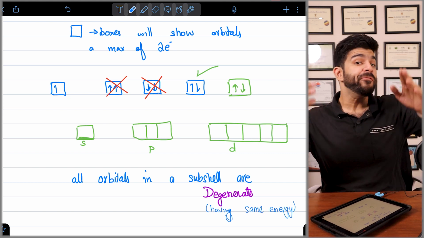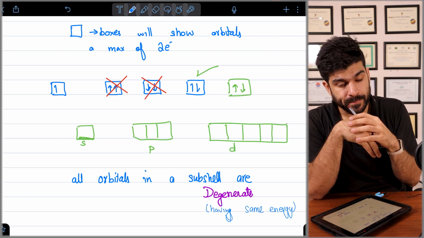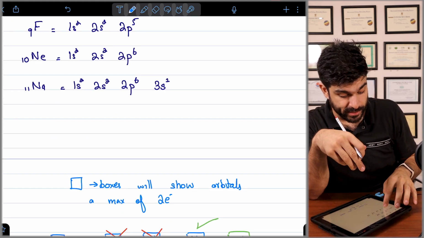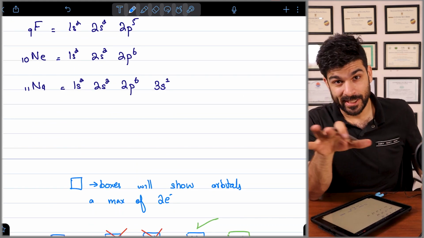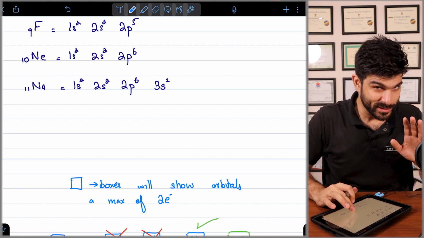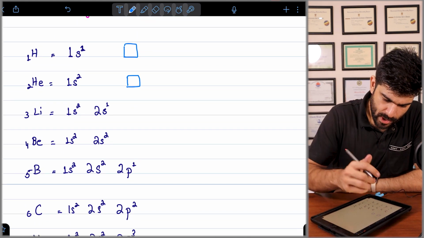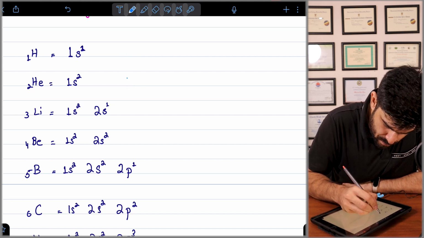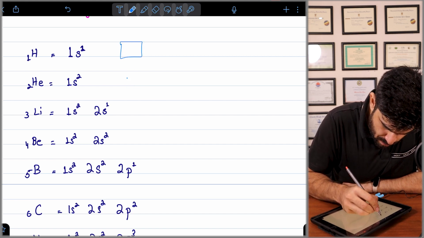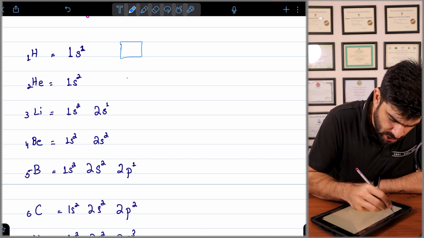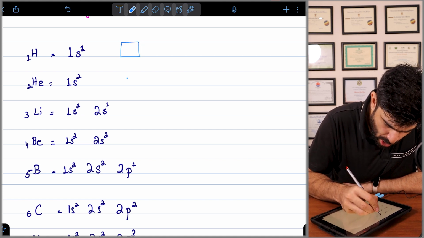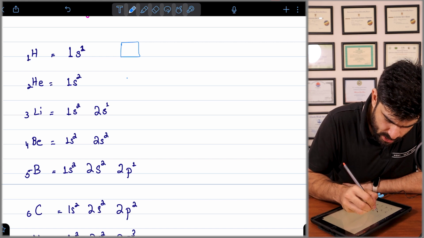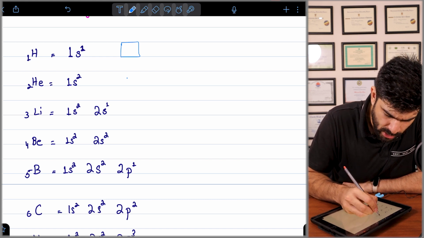So let's start by filling the elements that we talked about today. When I said sodium was the last element, I did not mean the lecture was ending. We still have a lot to discuss. So hydrogen, just one subshell, one orbital, so one block. 1s1, so one electron.